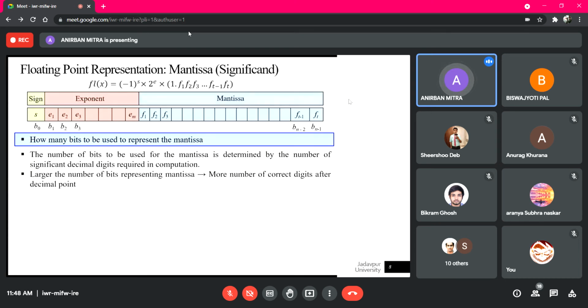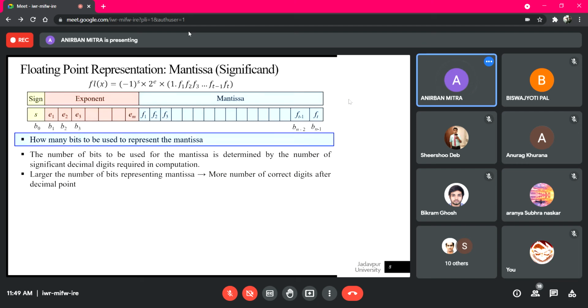Another way of saying that is that more correct digits after the decimal point would be obtained if you go for a larger number of bits representing the mantissa. So you can say that the number of bits to be used for the mantissa is determined by the number of significant decimal digits required in a computation.